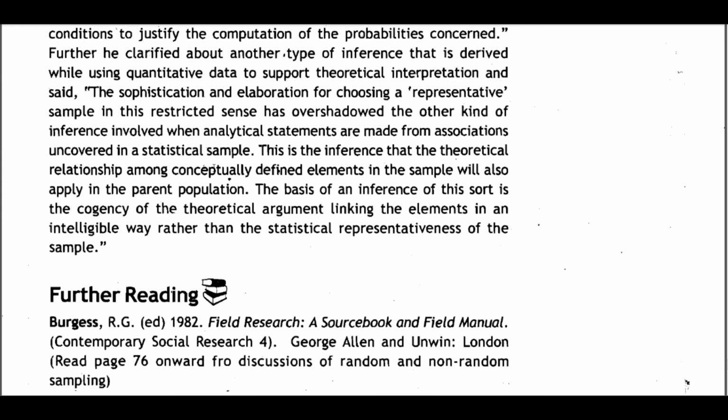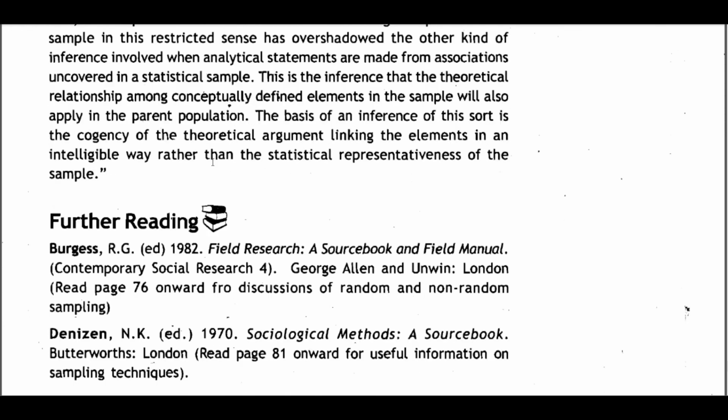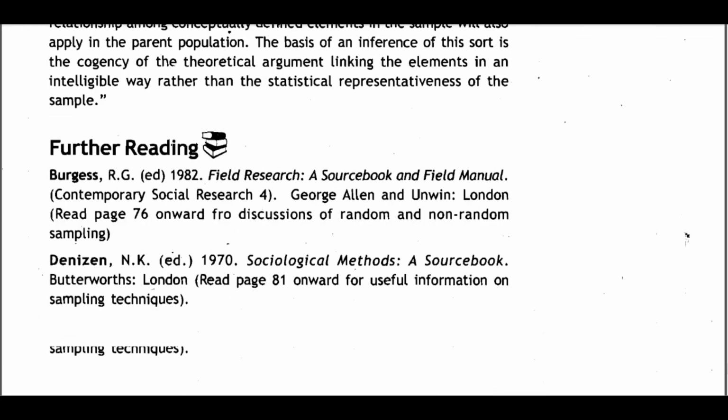This is the inference that the theoretical relationship among conceptually defined elements in the sample will also apply in the parent population. The basis of an inference of this sort is the congruency of the theoretical argument linking the elements in an intangible way, rather than the statistical representativeness of the sample.